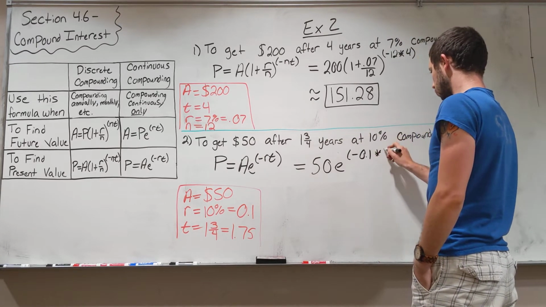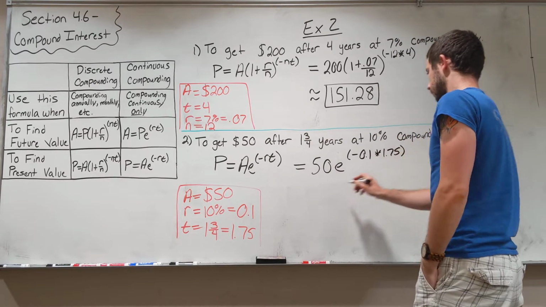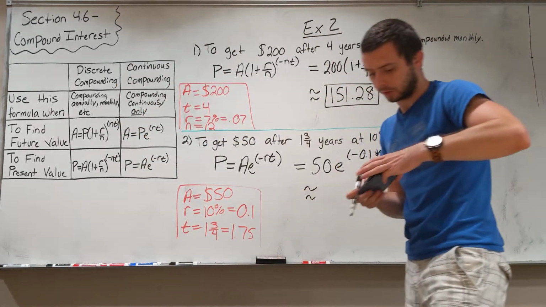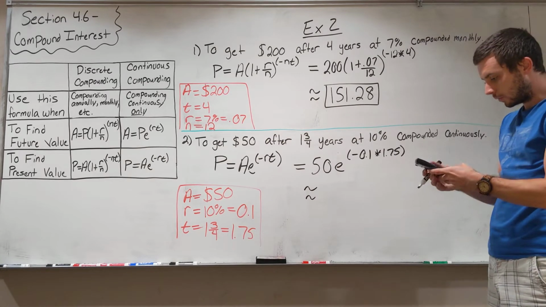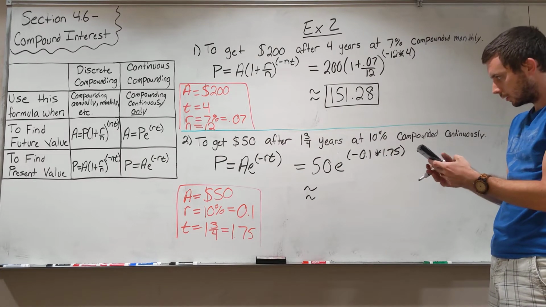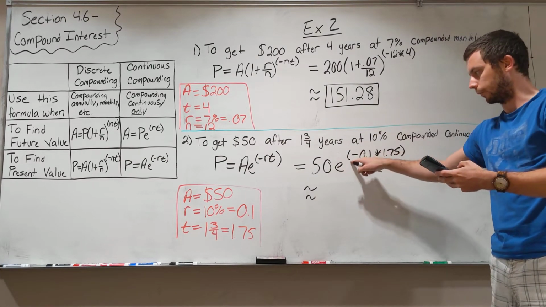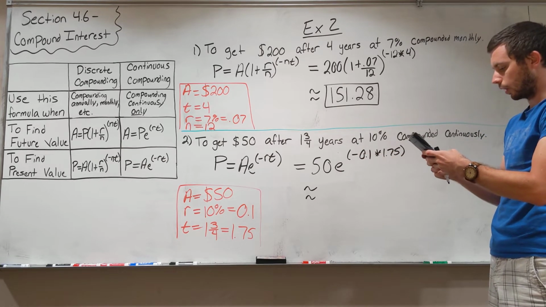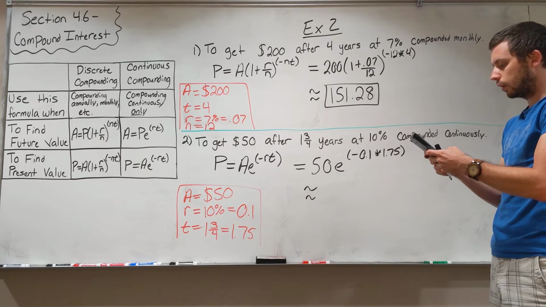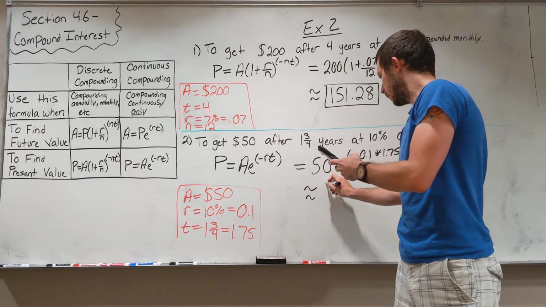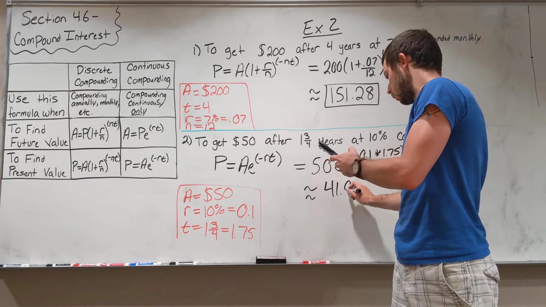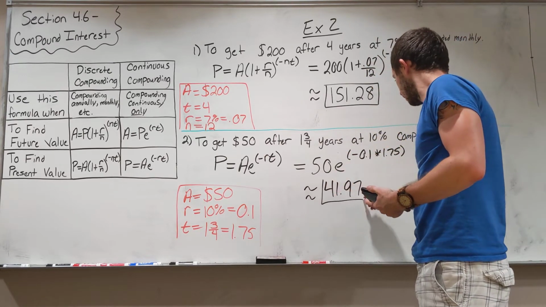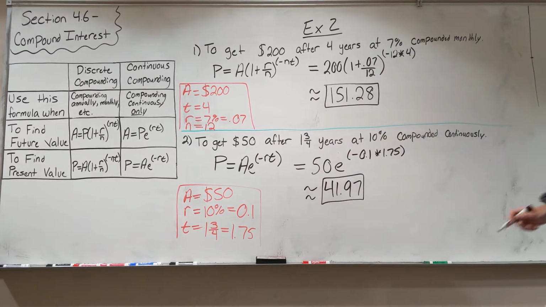That times 1.75. And again, it's all calculator work. 50, press E. It'll put all of this for you, and you start off with negative 0.1 times 1.75, close parenthesis, and I get 41.97. That's what I should get. That would conclude example 2.